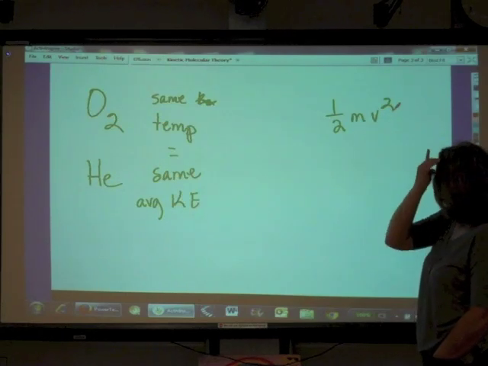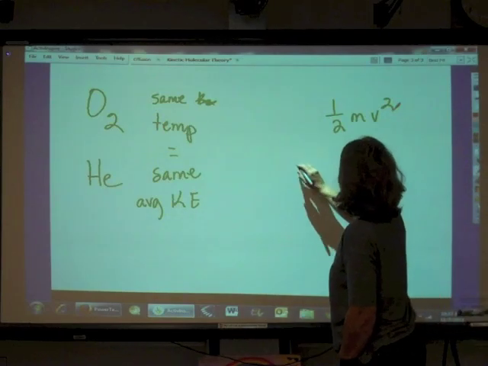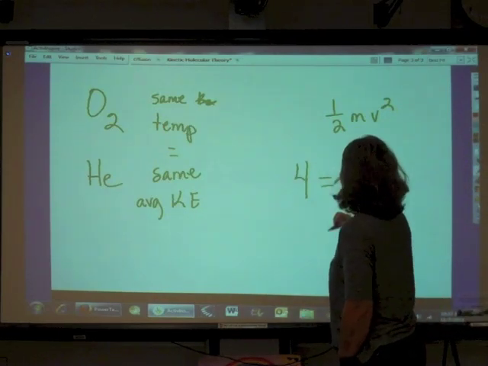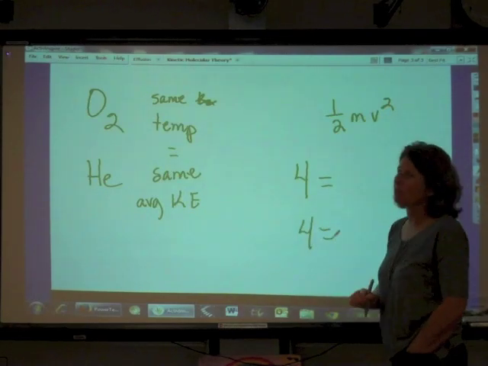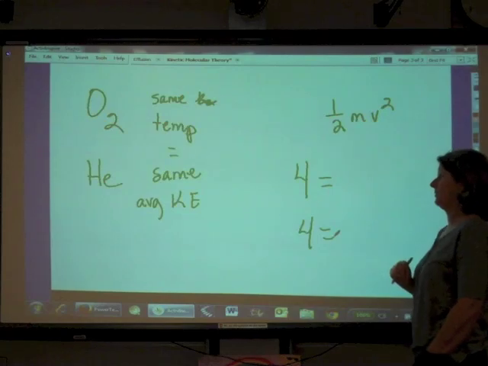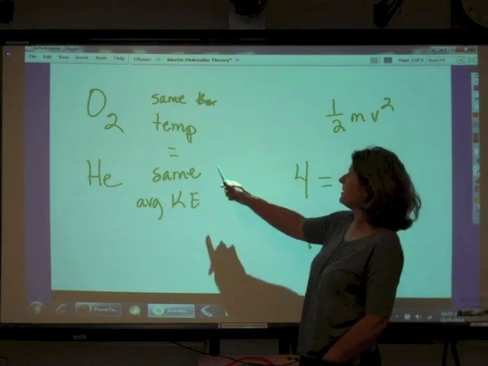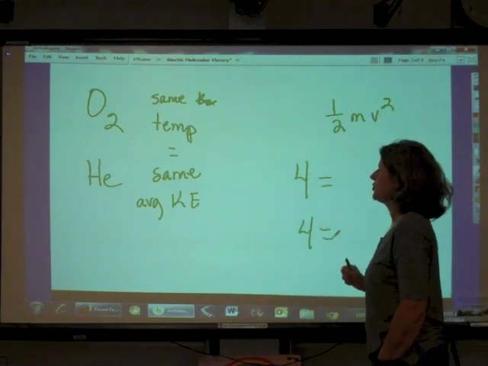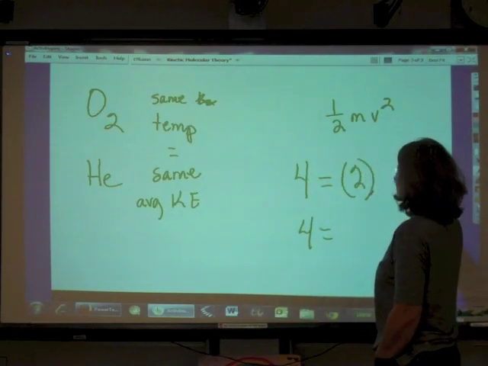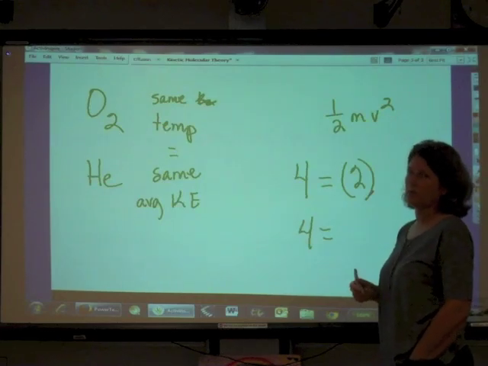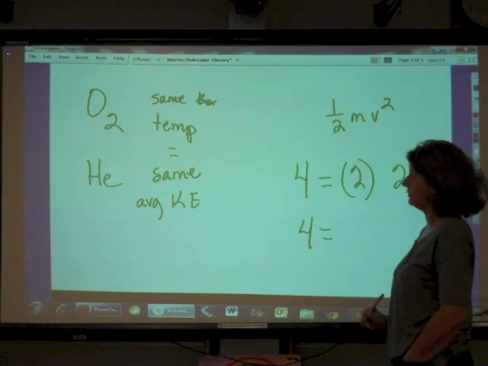So let's make this really easy. Let's say the kinetic energy was 4. Okay, and I'm just going to make two numbers here to make it really, really simple. Okay, if this mass is 2 times what is 4? 2 times 2. Okay, velocity would be 2.